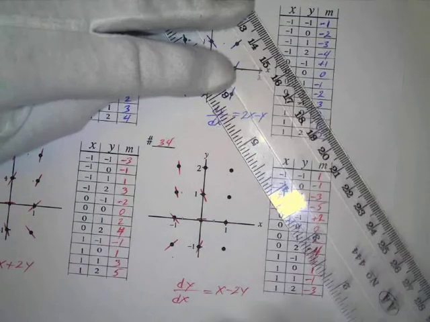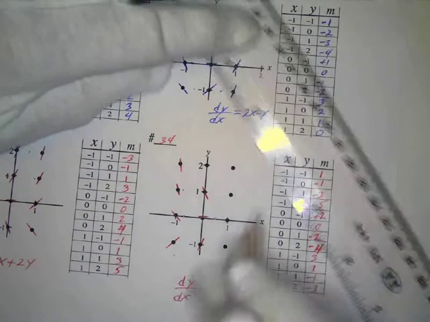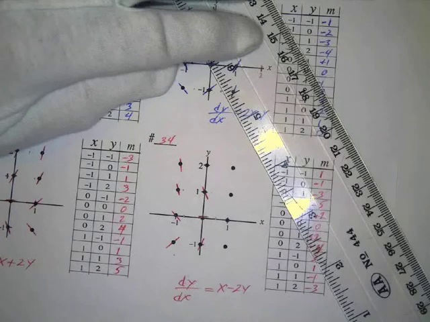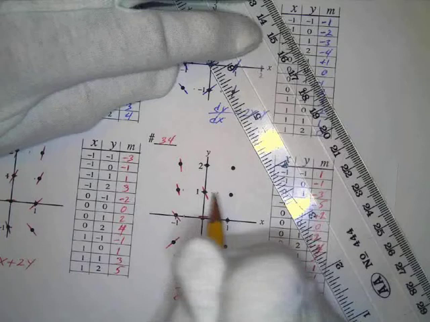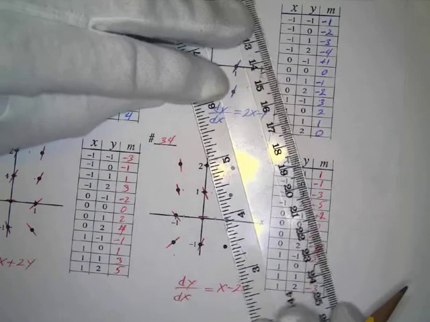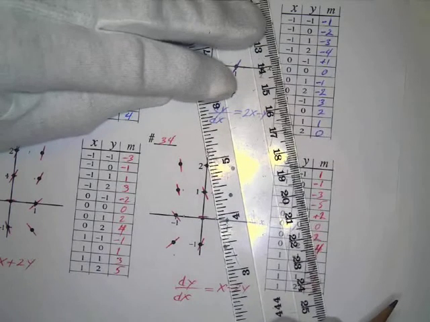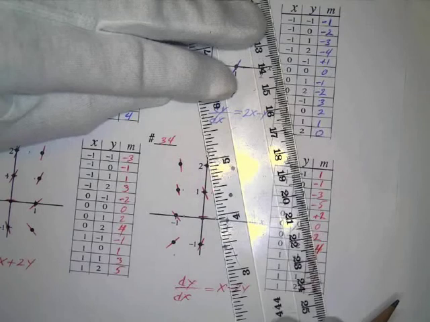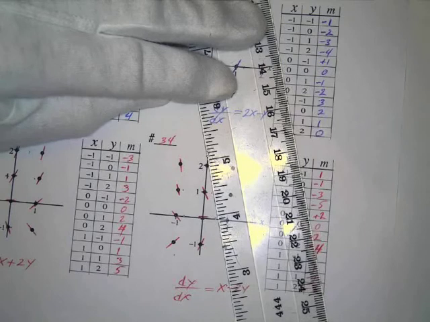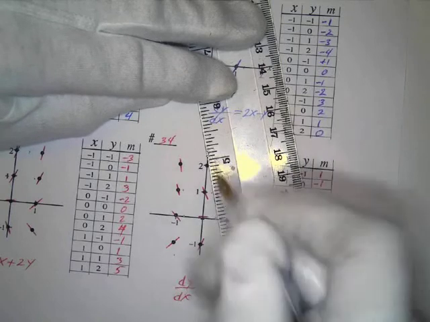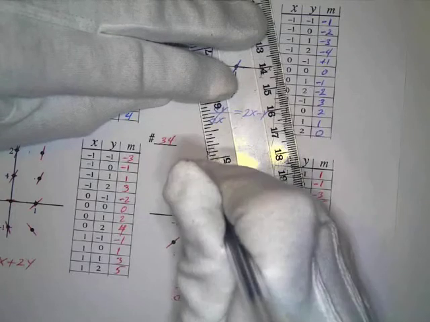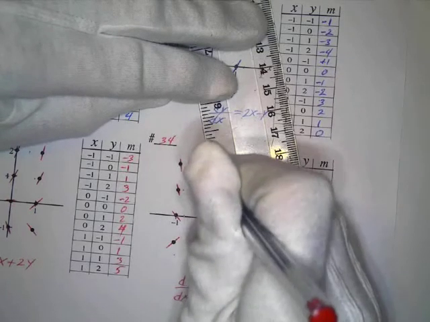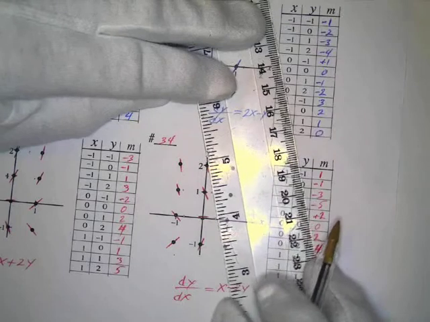Okay. And the next one is negative 4, so I'm going to have to go about 1/4. So I have to kind of eye that. This is a 1/2. Yeah, I did a pretty good job there. And that's going to be negative 4, so that's going to go like that. Not quite as steep as negative 5, but steeper than negative 3. Yeah, I don't know. I think something is wrong here.